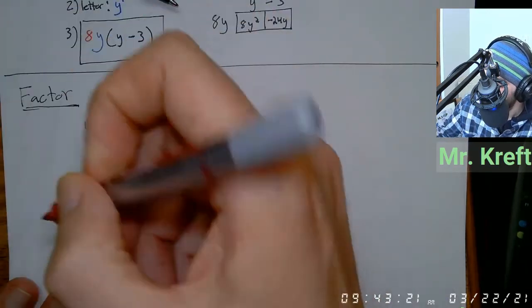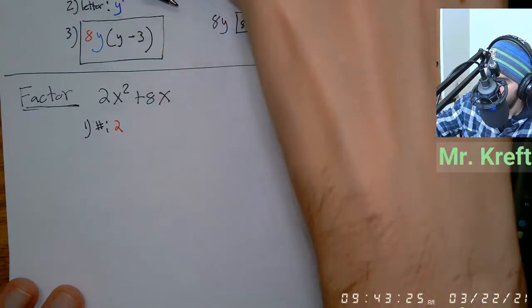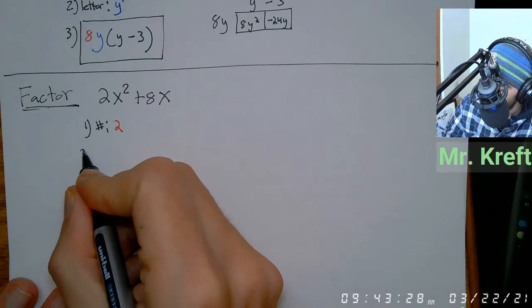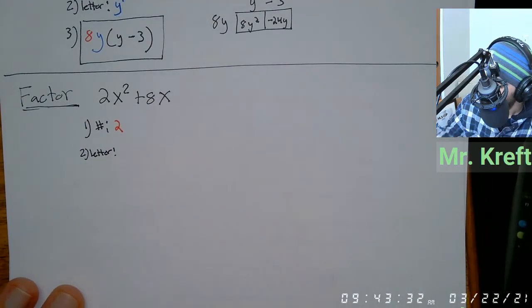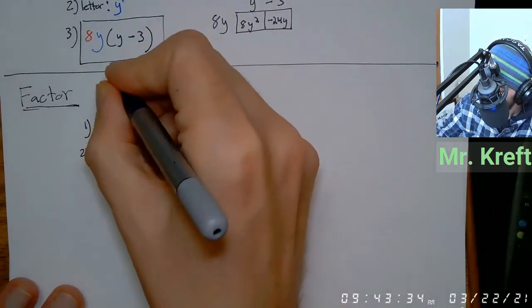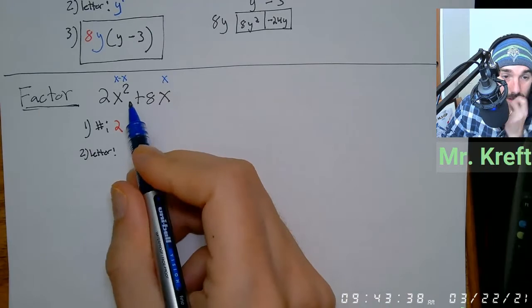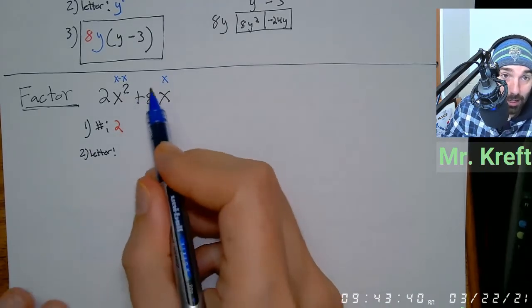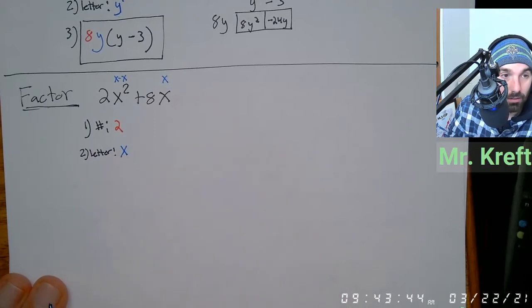So the smallest number I'm going to be able to pull out is a 2. Okay. And then let's take a look at my biggest letter. Okay, so I have x times x here, and I have 1x here. So what's the most I can pull out? Well, I only have 1 here, right? So that's as many as I can pull out.